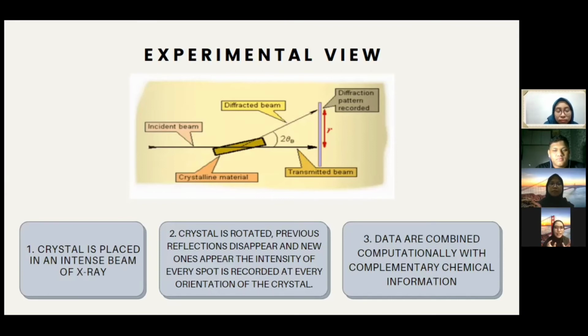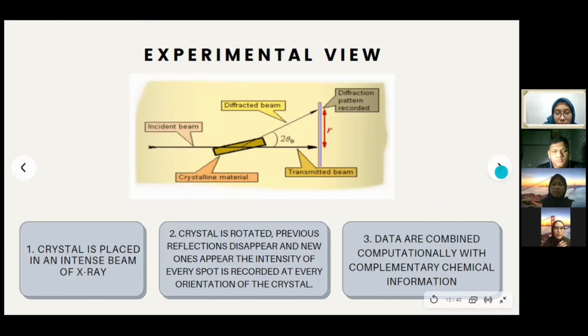As the crystal is gradually rotated, previous reflections disappear and new ones appear. The intensity of every spot is recorded at every rotation of the crystal. Multiple data sets have to be collected, each covering slightly more than half of a full rotation of the crystal, and typically containing 10,000 reflections.